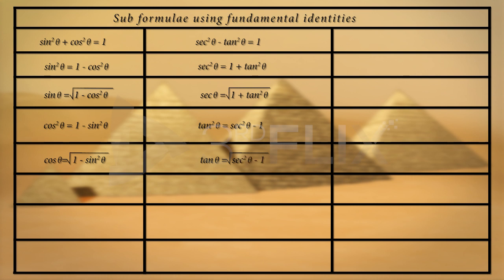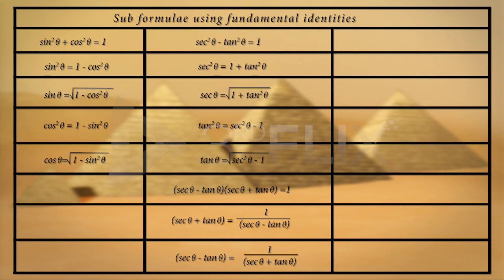Sec theta plus tan theta multiplied by sec theta minus tan theta equals 1. Sec theta plus tan theta equals 1 by sec theta minus tan theta. Sec theta minus tan theta equals 1 by sec theta plus tan theta.